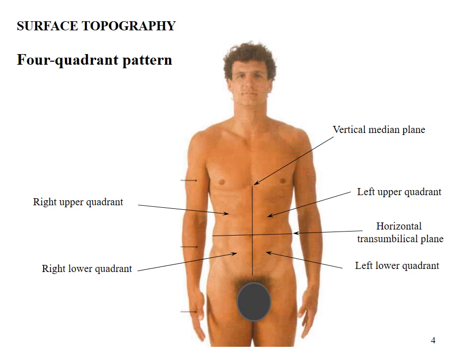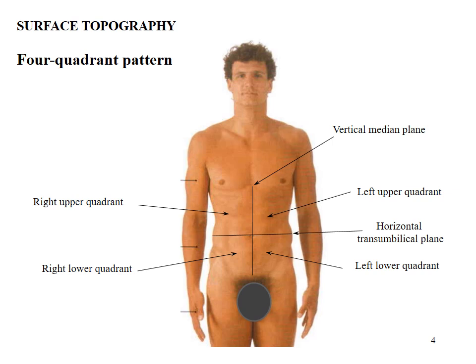Next is the topographical subdivision of the abdomen and abdominal wall. This division is used to describe the location of the abdominal organs and the pain associated with abdominal processes. There are two patterns. This is the 4-quadrant pattern.